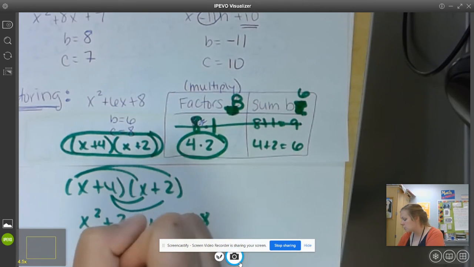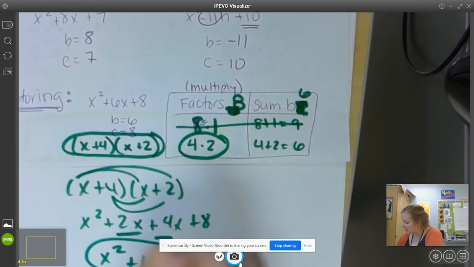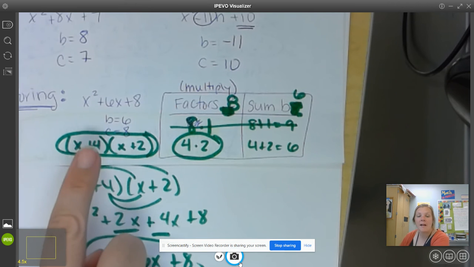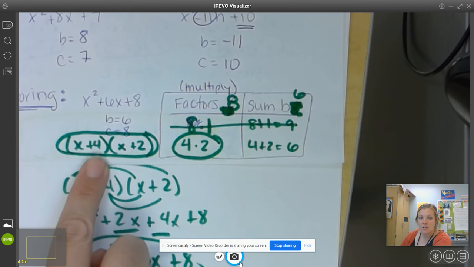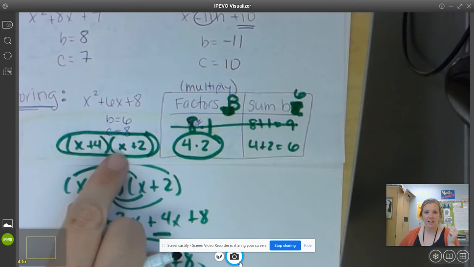And then I add my like terms. X squared plus 6X plus 8. That's what I had originally. So I know that this is the factored answer. Again, to factor something means to write it as the product of two things. So this is the factored answer.